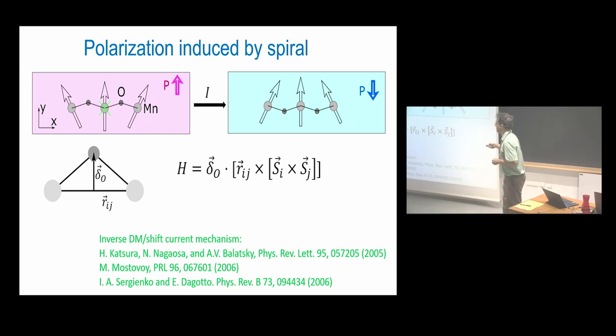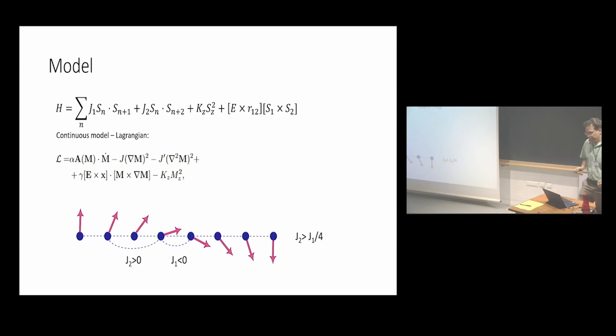So it induces polarization, and the induced polarization will be opposite for clockwise and counterclockwise domains. Okay, so the typical models that one can discuss in this context are models with competing nearest neighbor and next nearest neighbor interactions, with some easy plane anisotropy and with Dzyaloshinskii-Moriya interaction that couples the spin rotation to polarizations and electric fields.